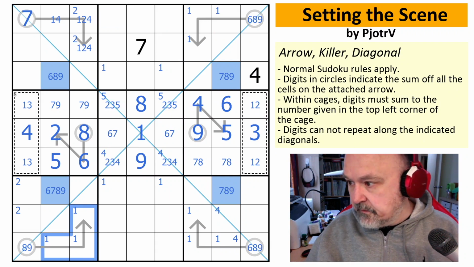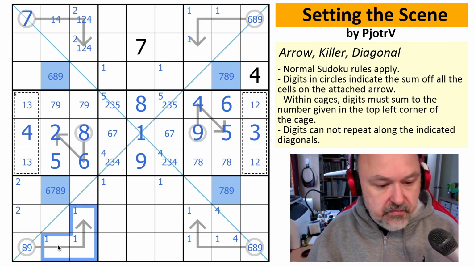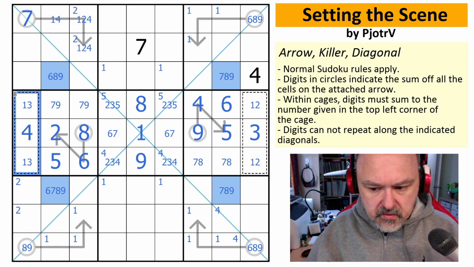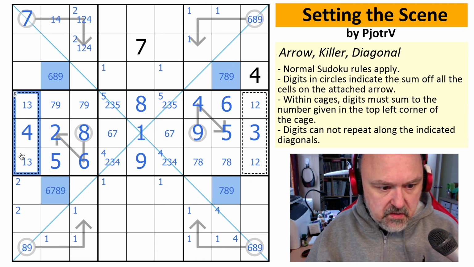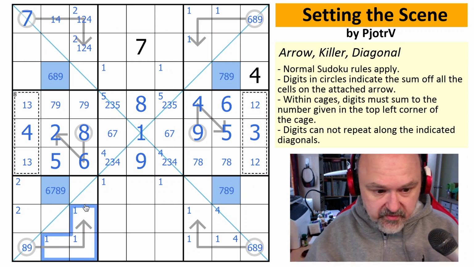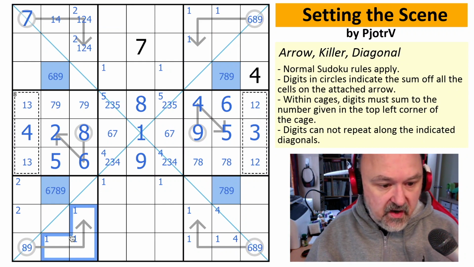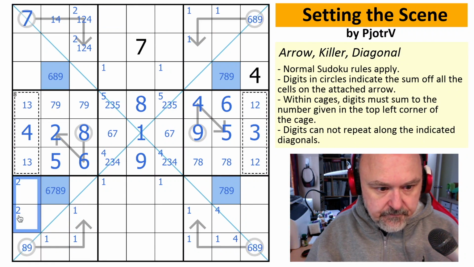Back to my calculator. If it's 8, it's 1, 3, 4, which it could be, I think. Because, yeah, the 1, 3, 4 there, that could work. And if it's 9 without 2, it's 1, 3, 5. So the 5 would be there. 3 could be anywhere. Yep, that works. But we've got 2 in one of those two.